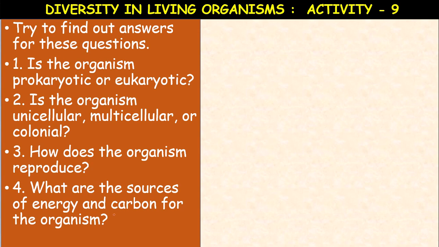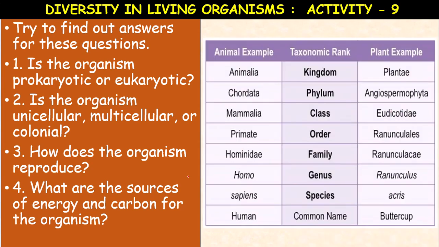Then what are the sources of energy and carbon for the organism? It means holozoic nutrition. Okay, it feeds on particulate food materials. Like that, for any organism, you have to consider these 4 characteristic features. Okay, if you take at least 10 organisms, you have to classify them.